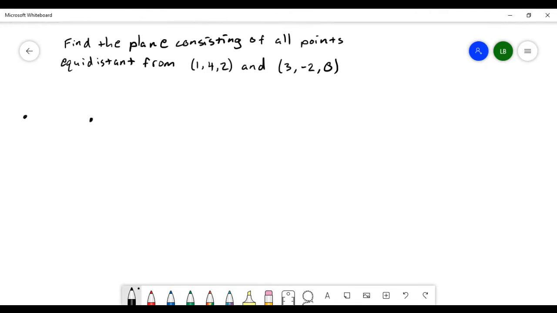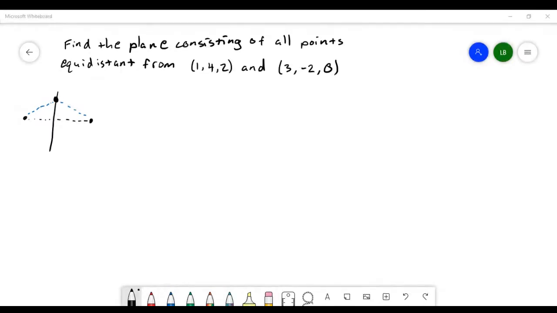So if you've got 2 points, well, they would kind of meet, and I am wanting to know what is the plane of all the points so that the distance from any point on the plane to one point is the same as the distance from that same point on the plane to the other point. Make sense? I'll give you a couple minutes to try and work that out.